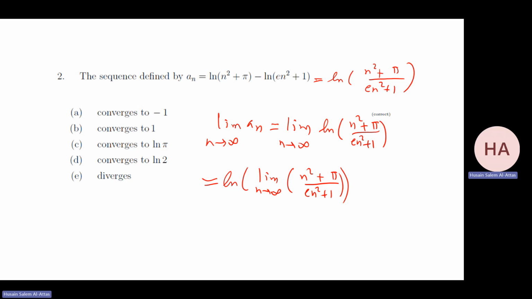I have the same degree. So this will be ln, and the limit will be 1 over e. This is the same degree, so take the coefficient, which is minus 1.